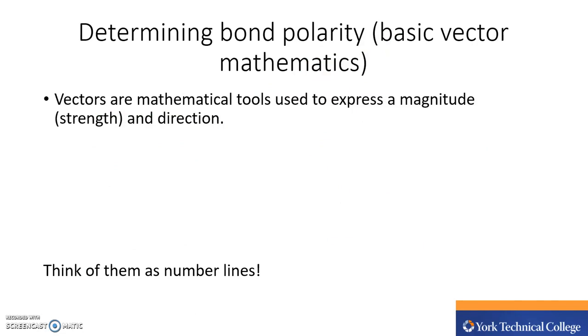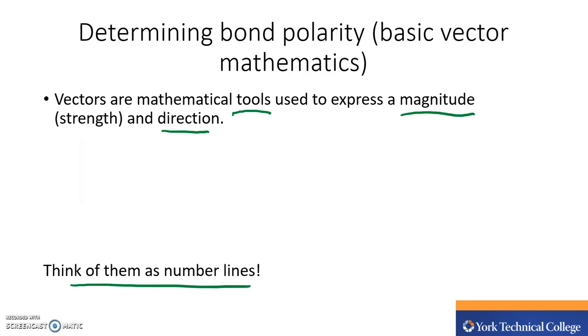So, determining bond polarity. I'm going to go through basic vector math briefly, because I want you to understand how to take a molecule and determine its polarity. Vectors are tools used to express both a strength, or magnitude, and a direction. For example, we can think of them as number lines.